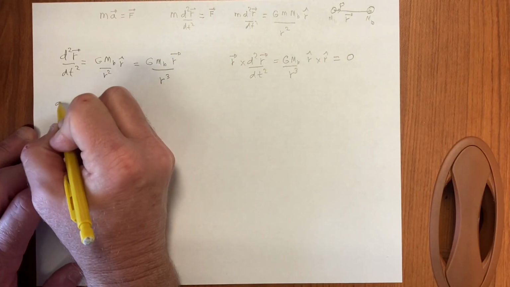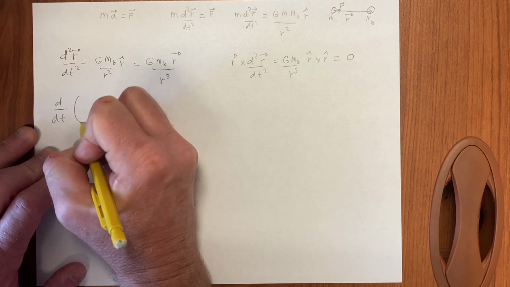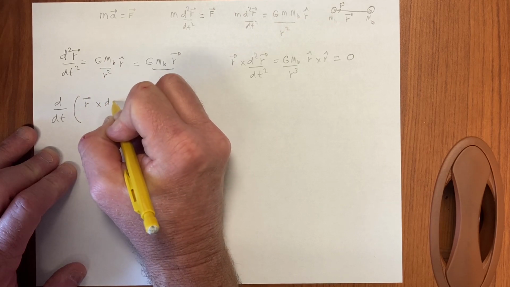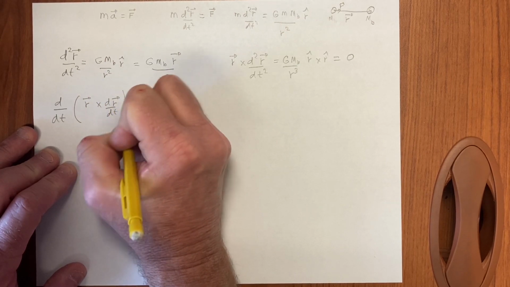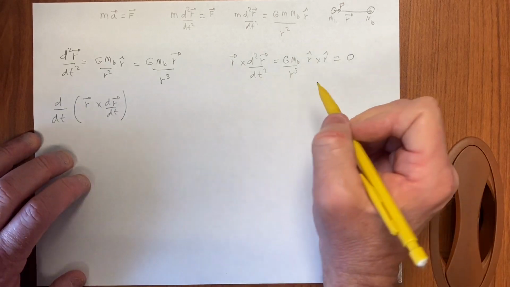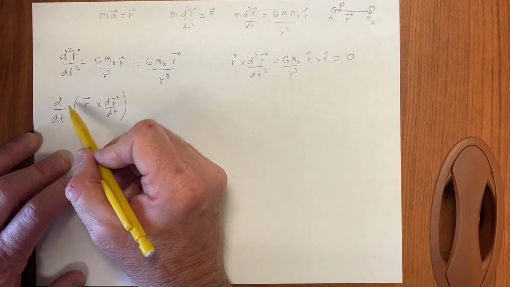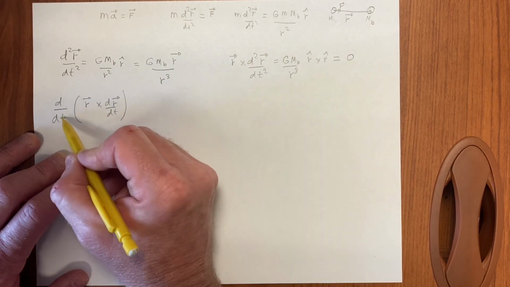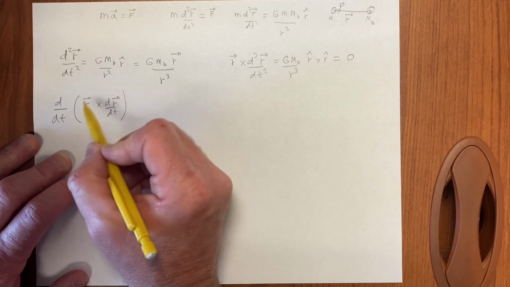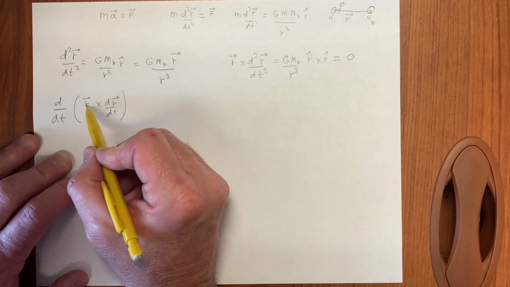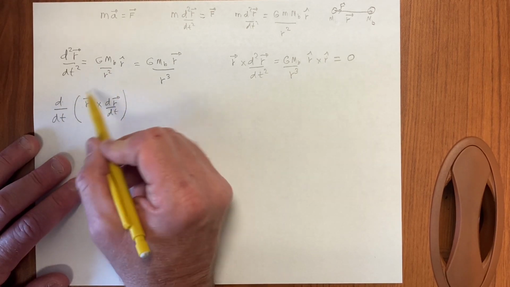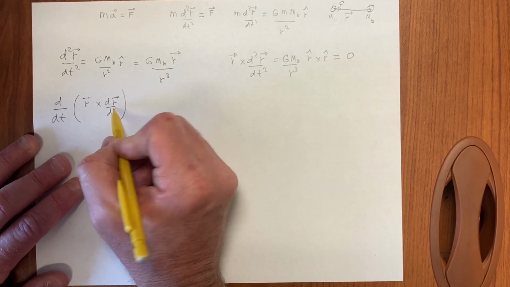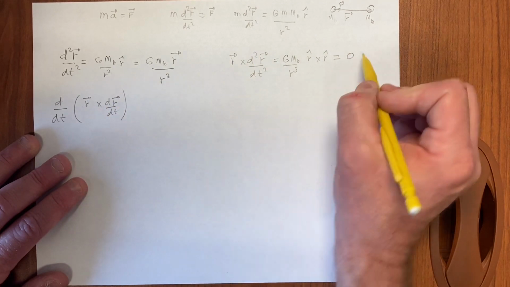So it follows from this that if I take the derivative in time of r cross dr by dt, because this thing is nothing more than this, and so you can see that we apply this to the first term, we get dr by dt cross dr by dt, that's 0. And then we have r cross the second derivative of r in t, so this is equal to that.